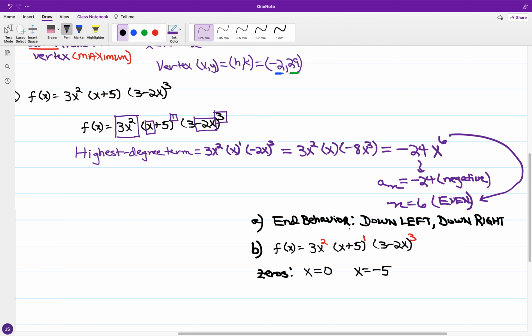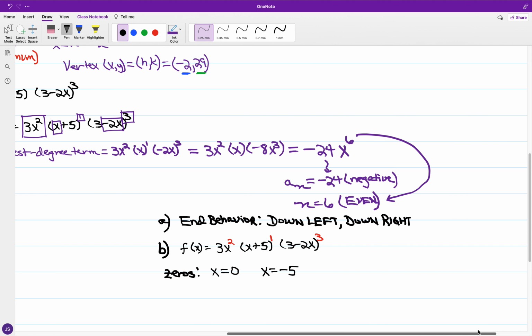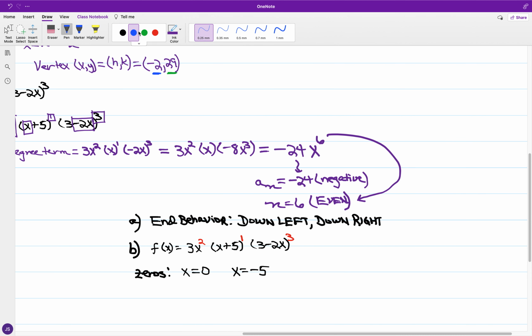Now for 3 minus 2x, a little different arrangement. If I were to set this equal to 0, we have negative 2x is equal to negative 3, and so you have that x is equal to 3 halves, and you can also write that as a decimal, 1.5.